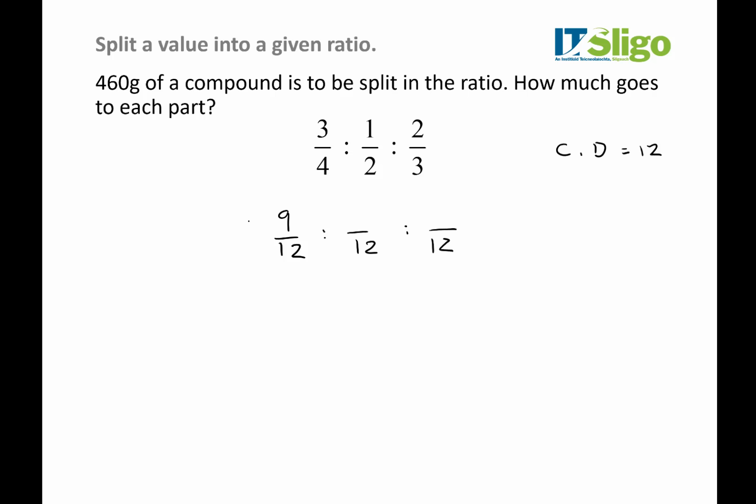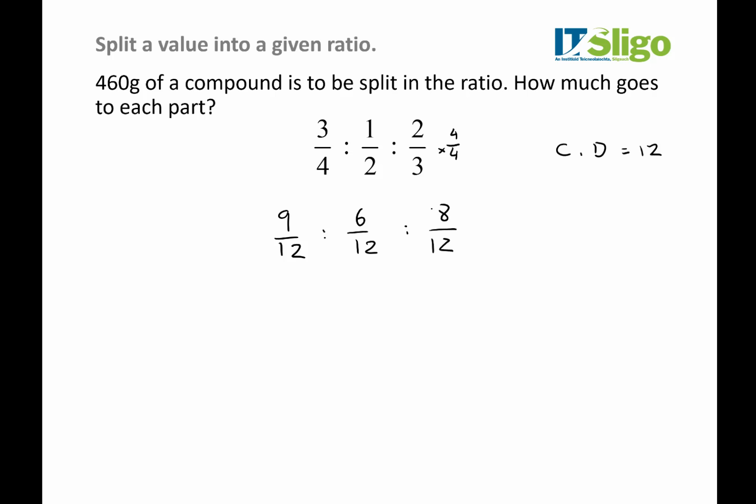So I multiply the top by 3 to preserve equivalence. The middle fraction, I need to multiply the bottom by 6, so I multiply the top by 6. The right-hand fraction, I need to multiply the bottom by 4, so I do the same to the top.